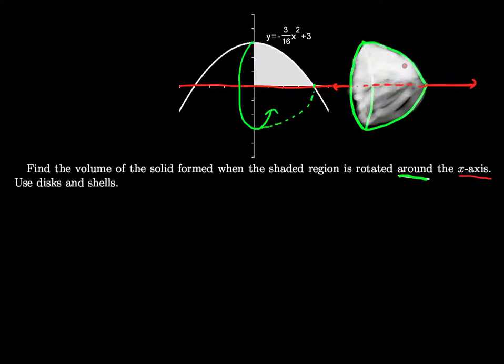Now, what we're actually going to end up doing is this. I need to use disks. And so if I were to look at this graph at any x value, I would have this measure right here, which I'm going to call R for reasons that should be very apparent shortly.